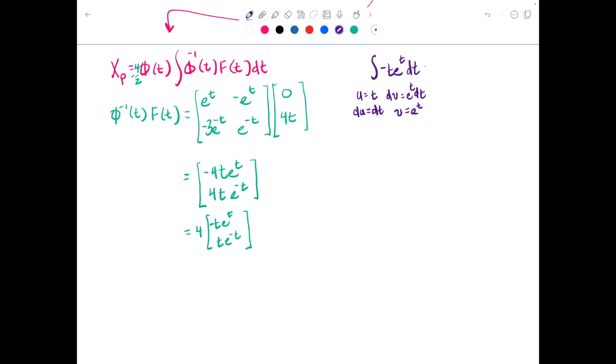I'm going to factor out the negative. We'll have u times v will be t e to the t, and then minus the integral of v du. So we have e to the t dt.